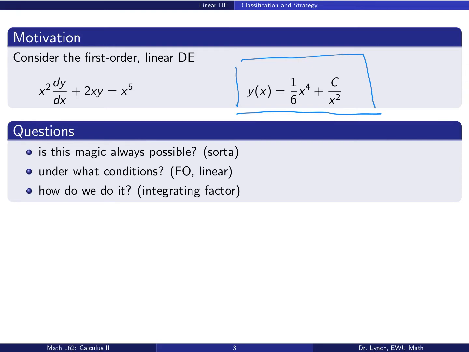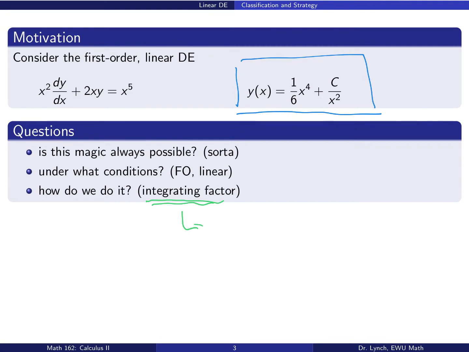So the question that you might have is, is this sort of magic always possible? And the answer is maybe. Under what conditions is it possible? It turns out that this magic is always possible if we have a first order linear differential equation. How do we do it? How we do it ends up being sort of a magical factor called the integrating factor.